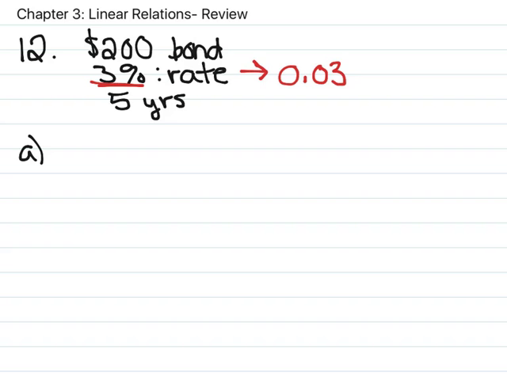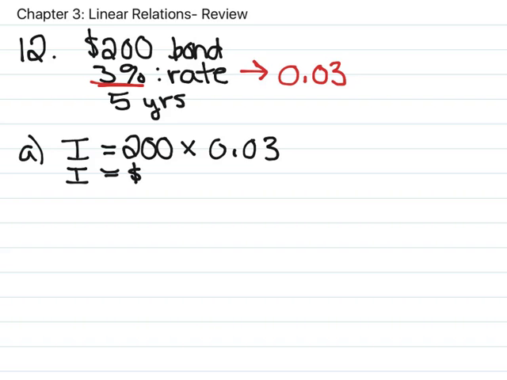So the interest per year is what we're looking for, so I'm going to call that I. And they've said it's equal to the amount invested, which is our $200, times the rate as a decimal, which we already found. You can plug it into your calculator or do it in your head, and you'll get $6, and they told you that's per year.